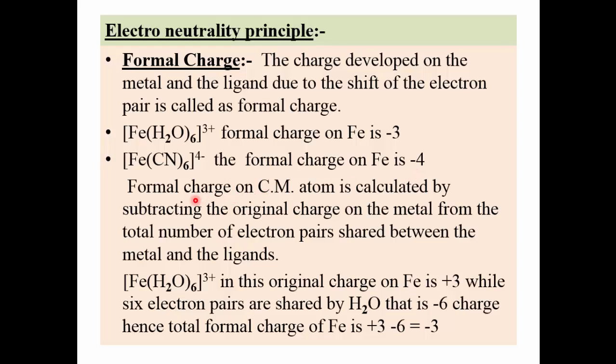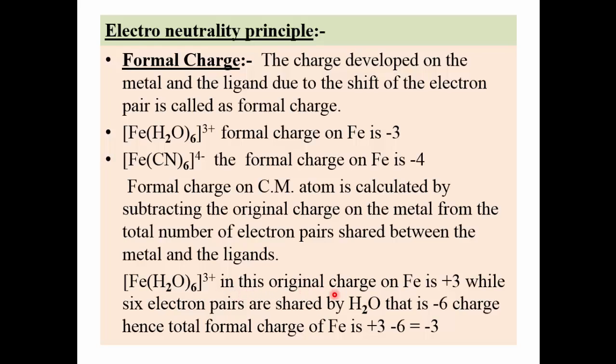Hence, formal charge on the central metal atom is calculated by subtracting the original charge on the metal from the total number of electron pairs shared. That means it carries negative charge between the metal and the ligands. See, this we have already discussed, [Fe(H2O)6]3+.